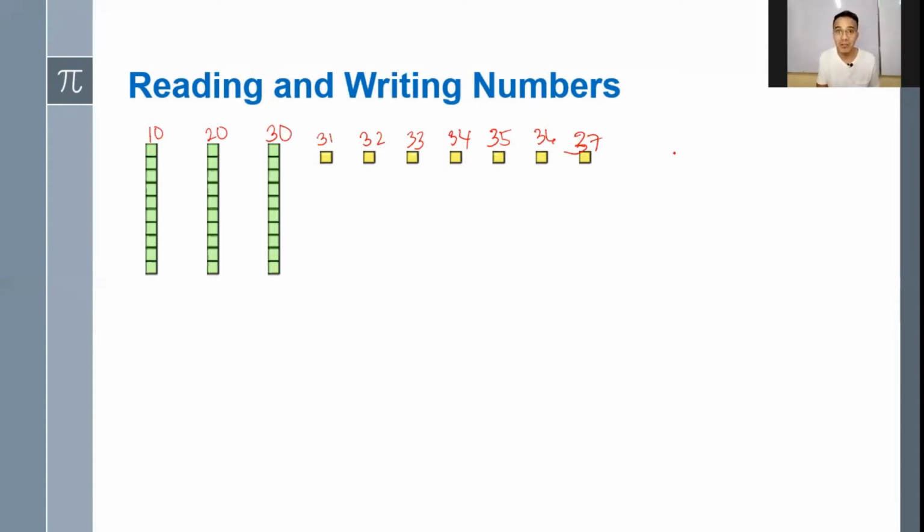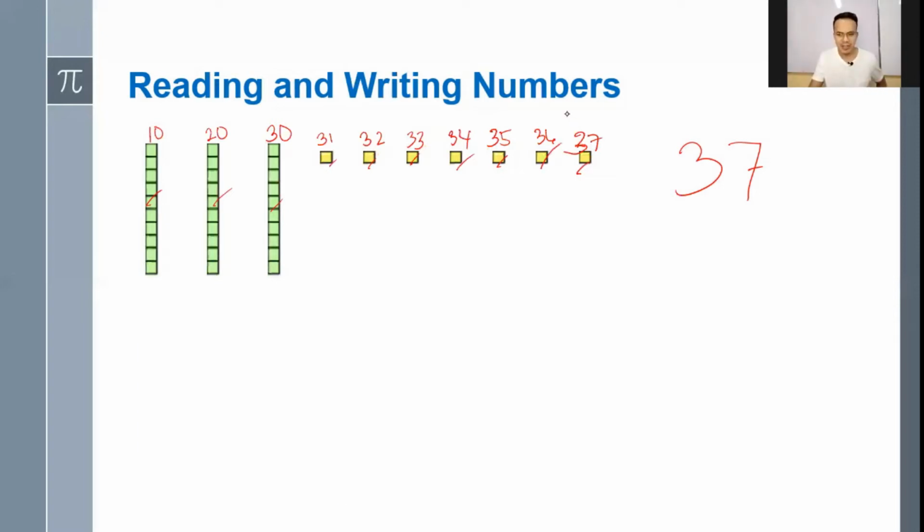So the number represented by these blocks is 37. Again, we have here 10, 20, 30, 31, 32, 33, 34, 35, 36, and 37.